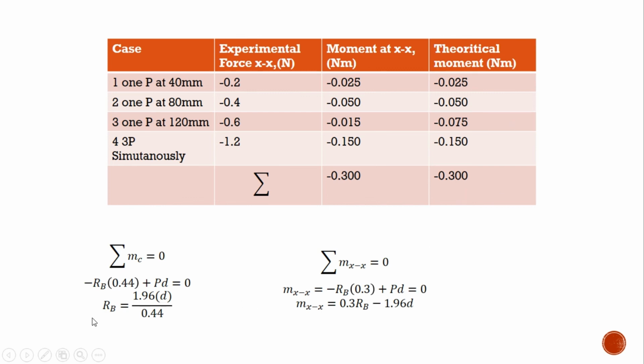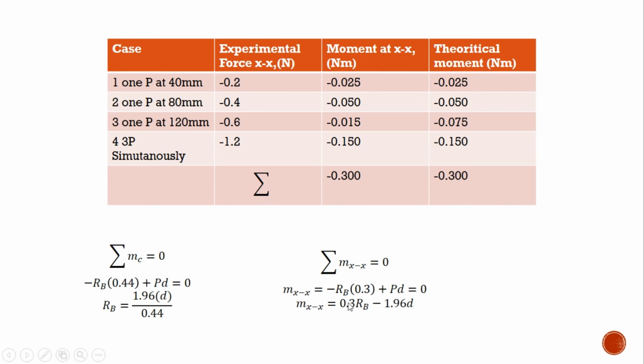To do this, we find the equation for RB and the equation for MXX. Here we take the total moment about C equal to 0. So negative RB times 0.44 plus PD equals 0, and we get the equation for RB.